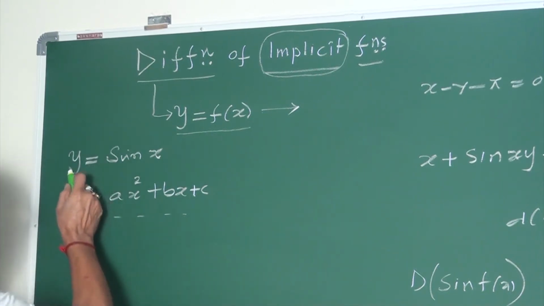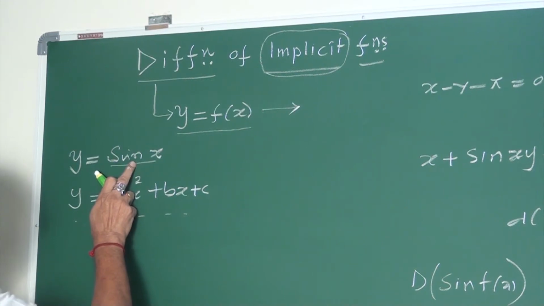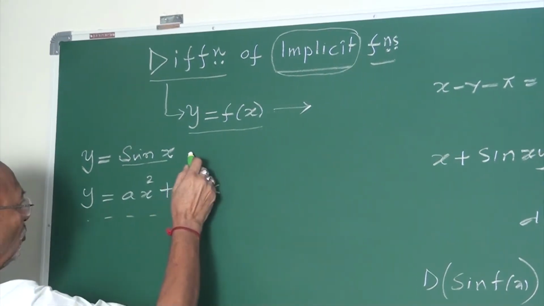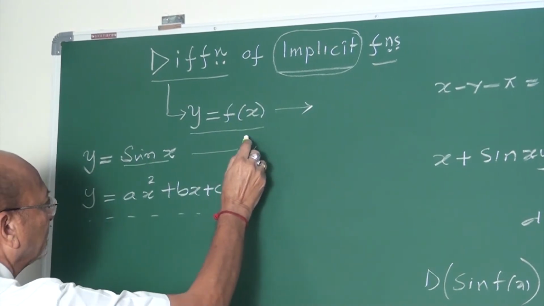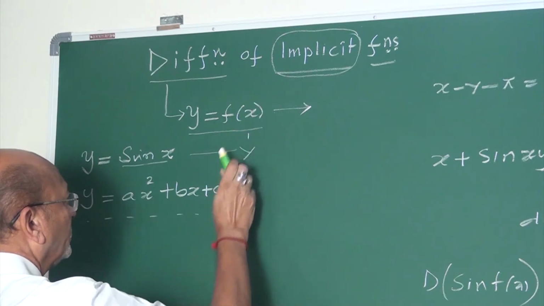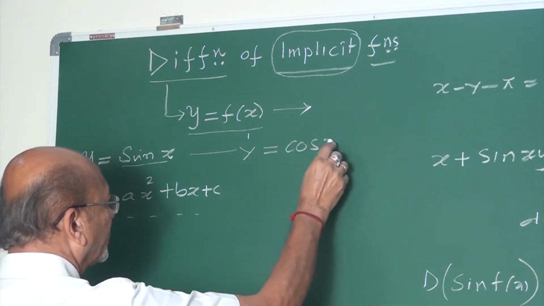In this case, y equal to sin x. y is expressed in terms of x. Here also y is expressed in terms of x. You know, in this case, what is the derivative? The derivative dy by dx is also denoted by another letter, y dash. y dash is what? cos x.